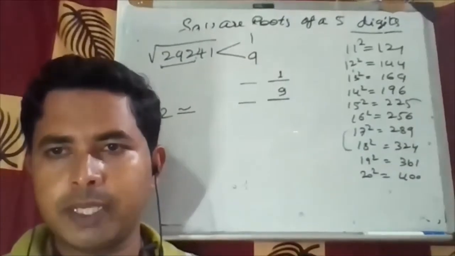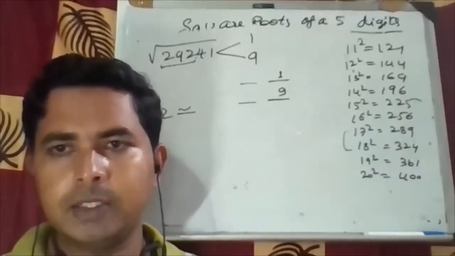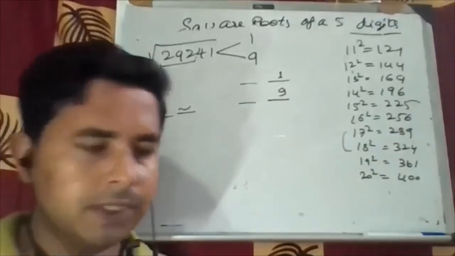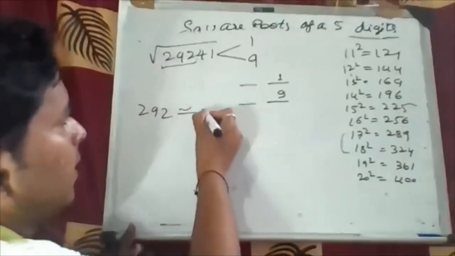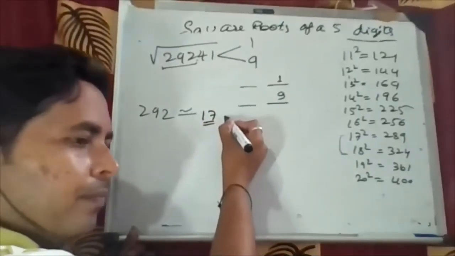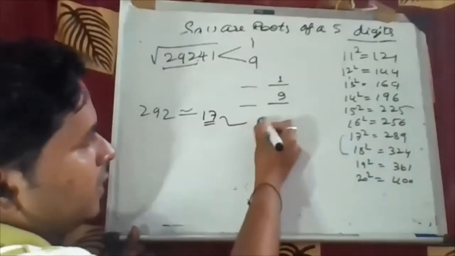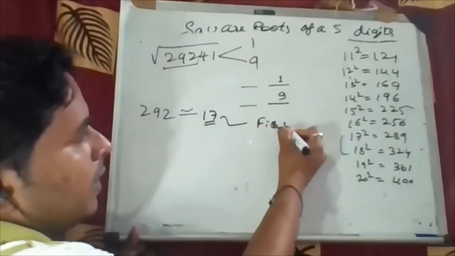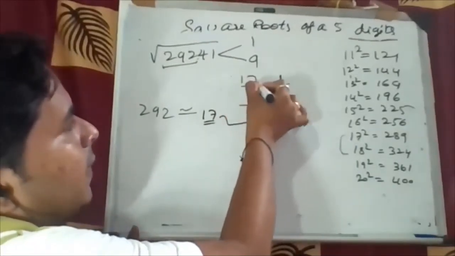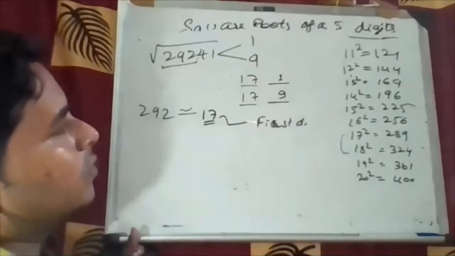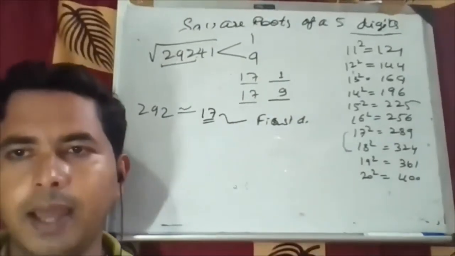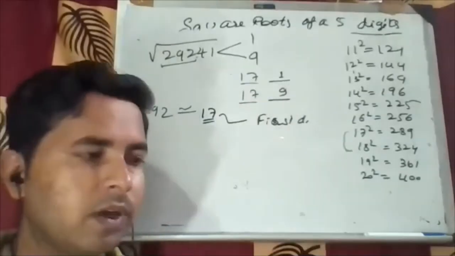So you have to take the smaller number, 17. So 17 will be your first digit. So your answer may be either 171 or 179.